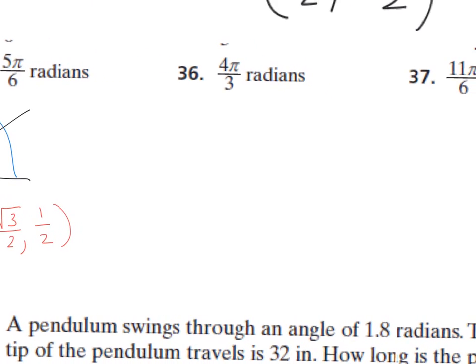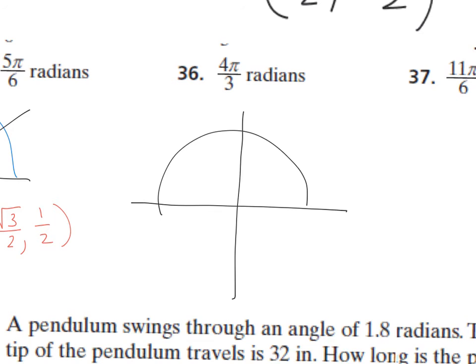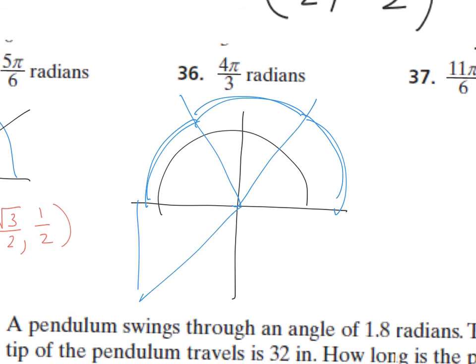And then 4 pi over 3. So take your pi, cut it into thirds. 1 pi over 3, 2 pi's over 3, 3 pi's over 3, 4 pi's over 3 gives you a 60-degree angle.